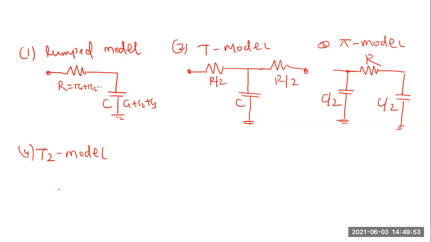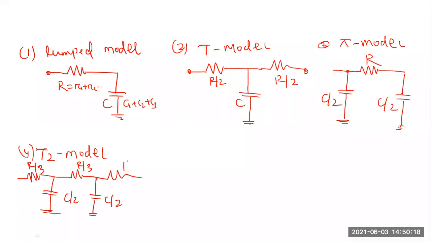That is 3 resistances and 2 capacitances: 1, 2, 3 resistances, and 2 capacitances. This is C by 2, C by 2, and R by 3, R by 3, R by 3.